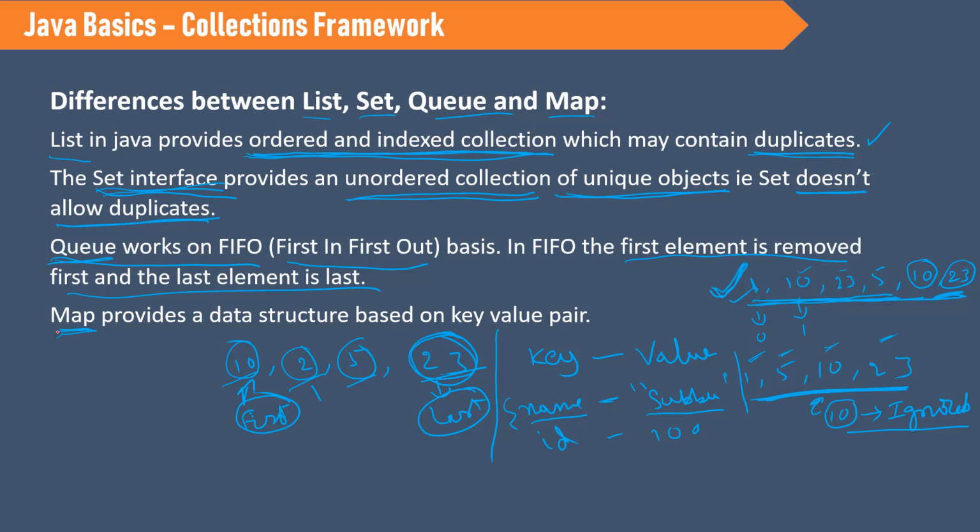Map provides a data structure based on key value pairs. Let's say I want to store the name Subbu, this is the value, and I need to give a key for it. The key is name. Similarly, if I add my ID into the map, the key will be ID. So map is a data structure based on a key value pair.